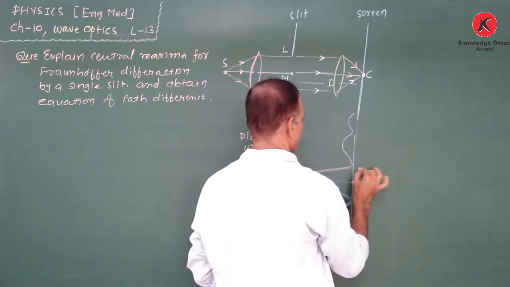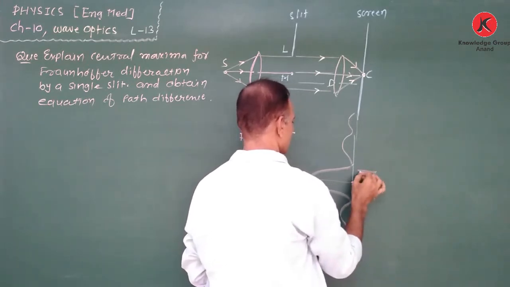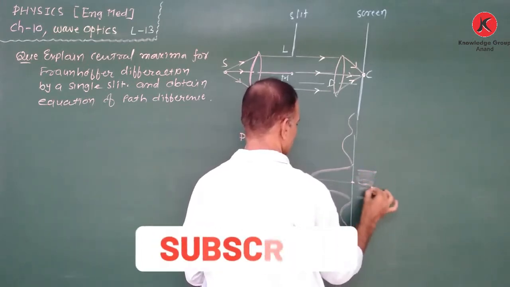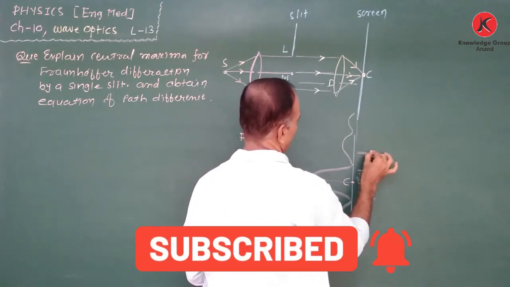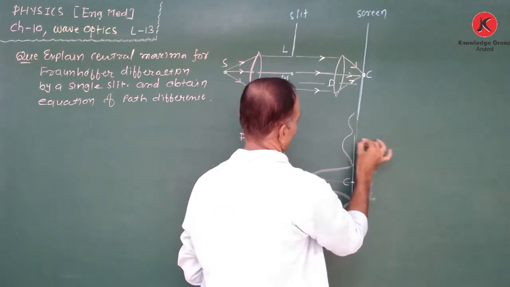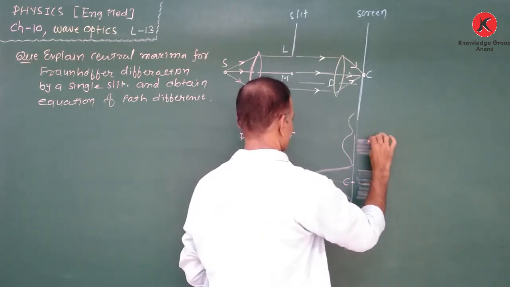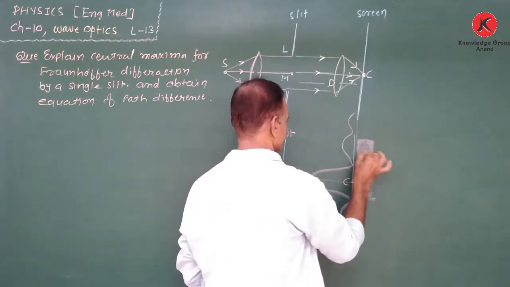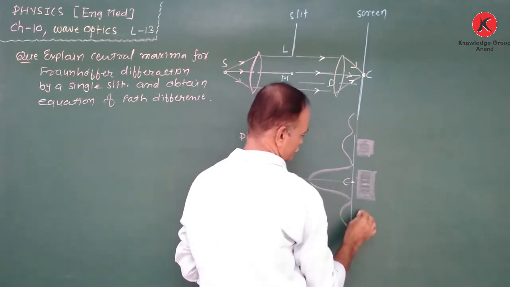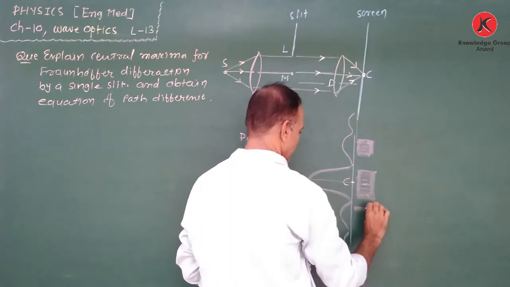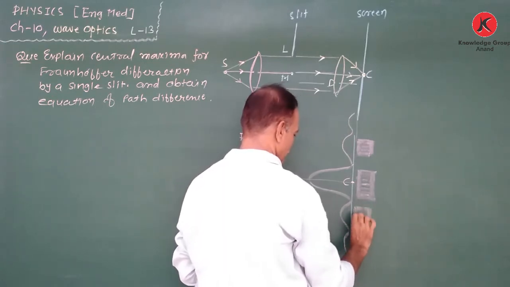So there is the width of the central maxima and the width of the first order maxima. On either side of the central maxima, the first order maxima is obtained.